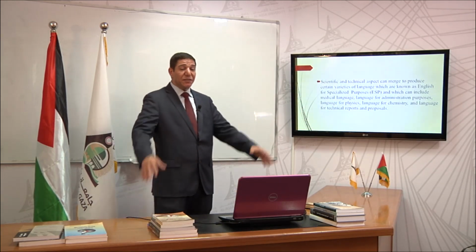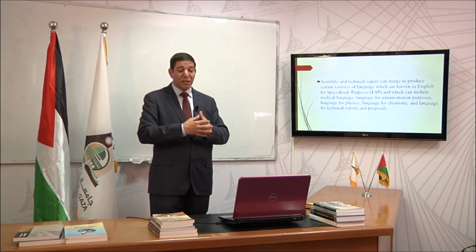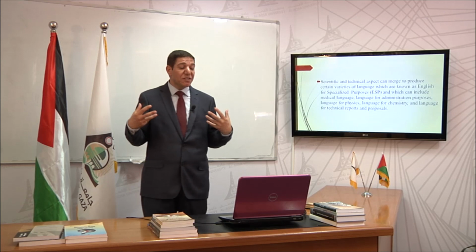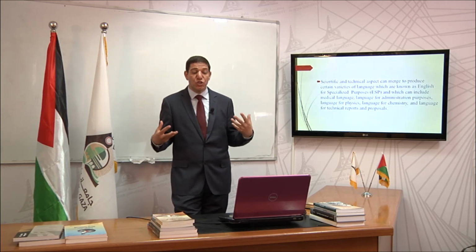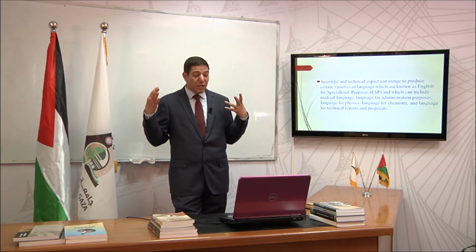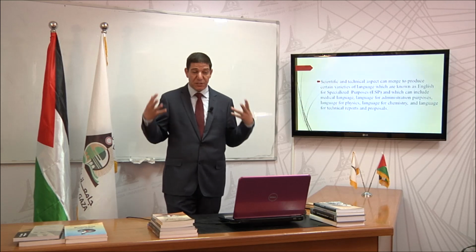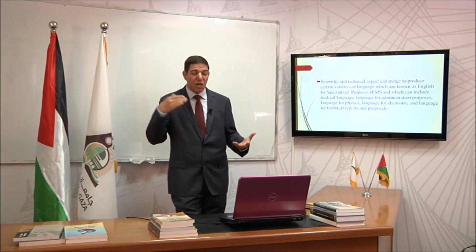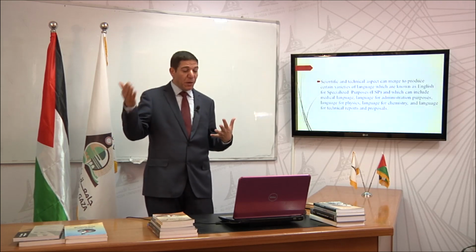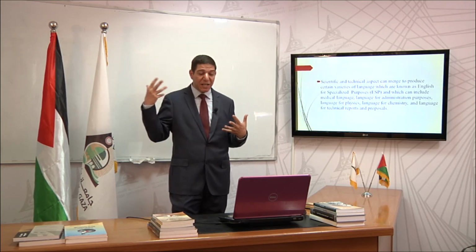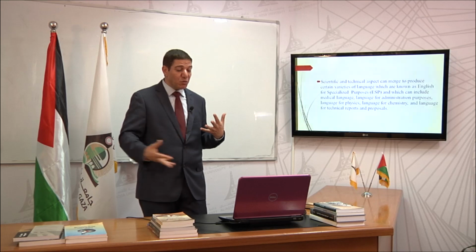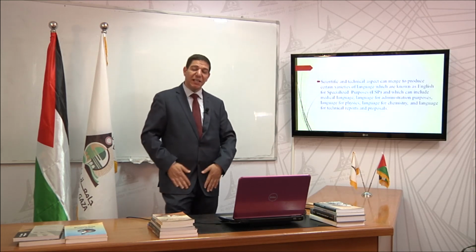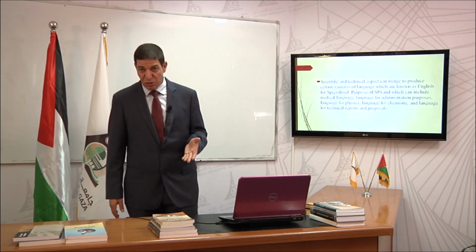Now, scientific and technical language can merge to produce certain varieties of language known as English for Specialized Purposes, ESP, which can include medical language, language of administration, language for physics, language for chemistry, and language for technical reports. These are all together. Legal translation is technical language, okay?